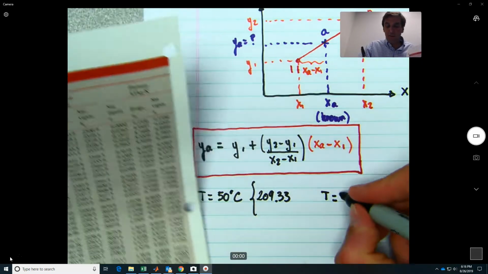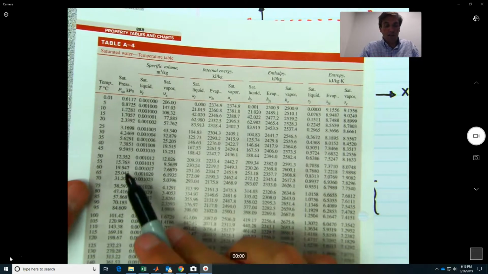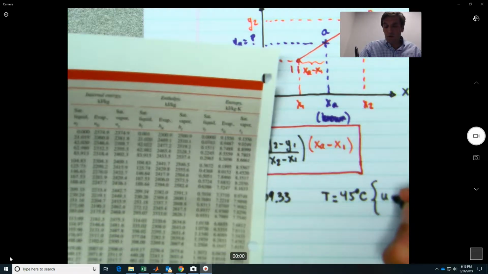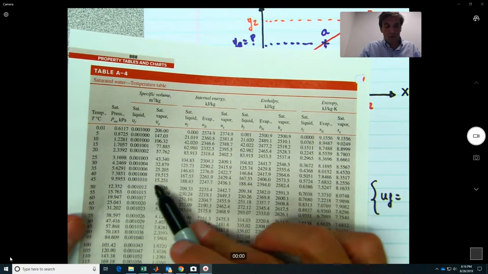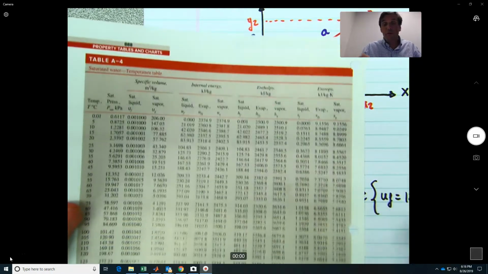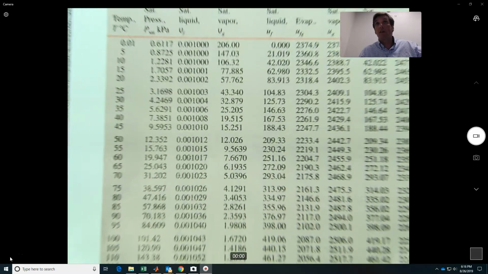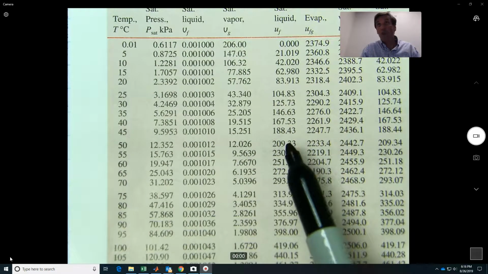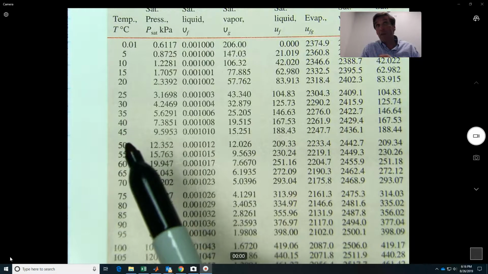And at T equals 45 degrees Celsius, u sub f is equal to 188.43. So again you see 45, 188.43, 50, 209.33. And we know T final will be 48.